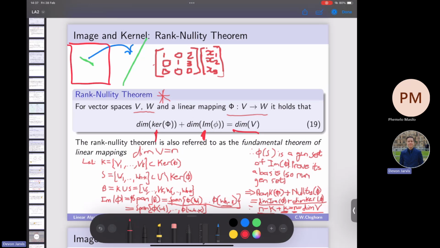But this is going to hold in general, no matter how many dimensions you want to apply this to. If it's 4 dimensions and I map into 3 dimensions, I must lose 1 dimension. The dimension of my kernel is now 1. If I start in 4 dimensions and I map onto a 1D space, then I'm losing 3 degrees of freedom, so the dimension of my kernel is 3.